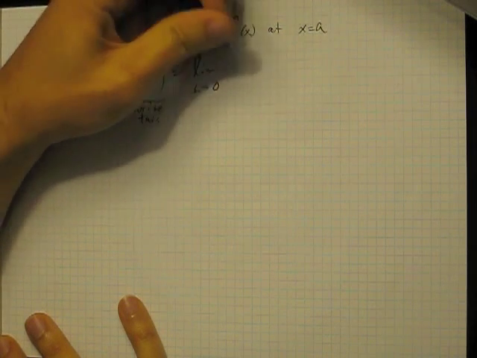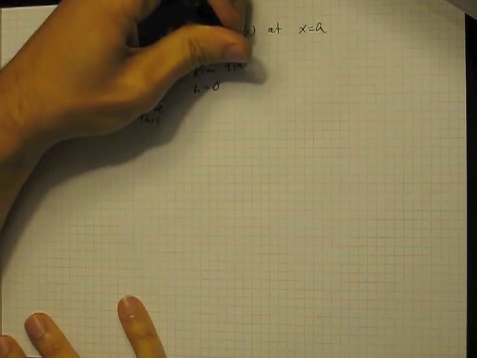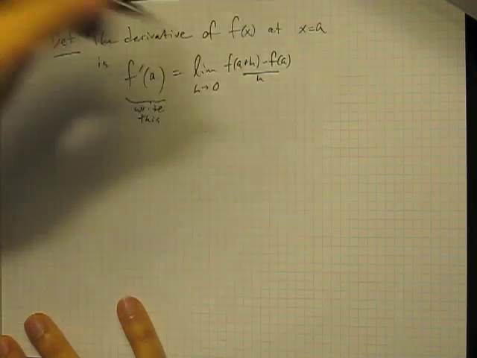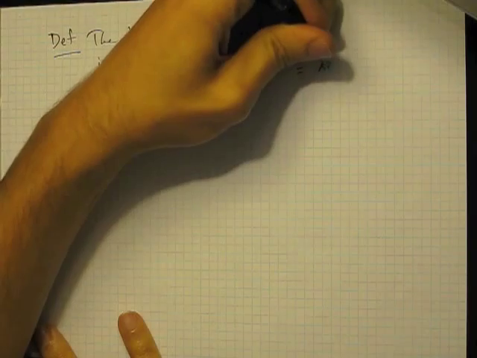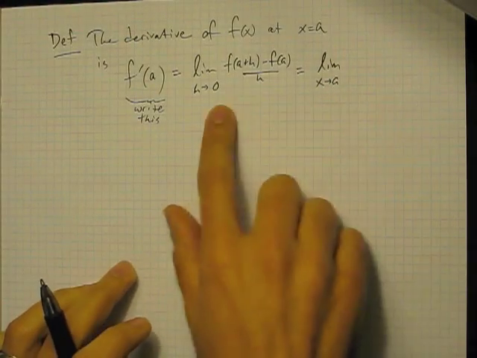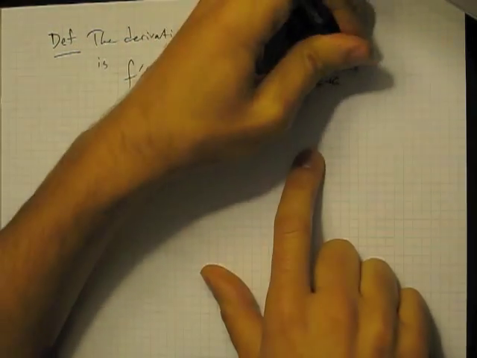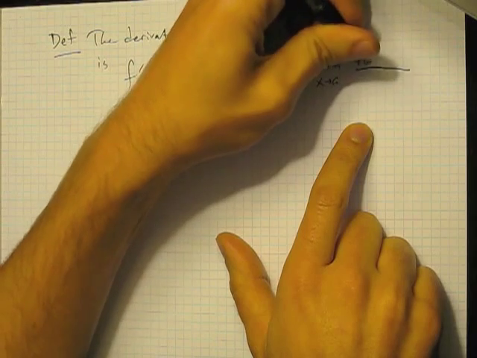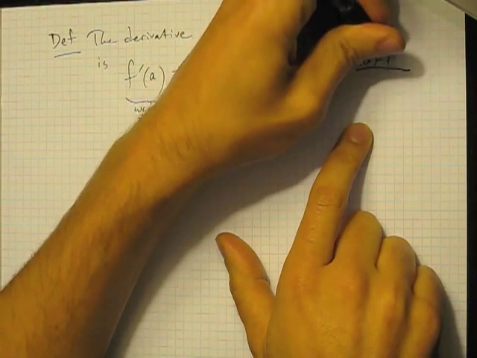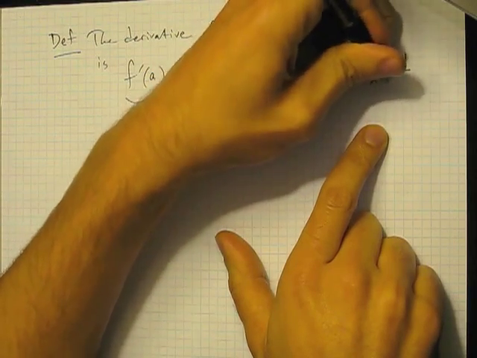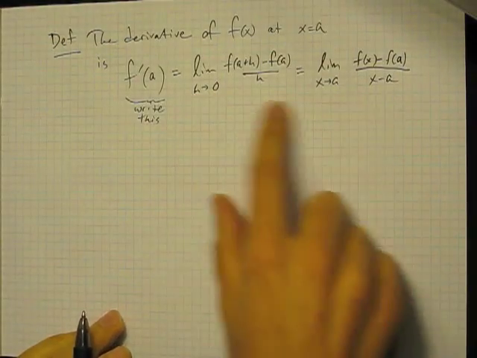It's the limit as h goes to 0 of f of a plus h minus f of a over h. Equivalently, you could also compute this by computing a different limit. This gives you the same answer, but it is our other definition of the slope of the tangent line, which is this. So you can compute it in either way.